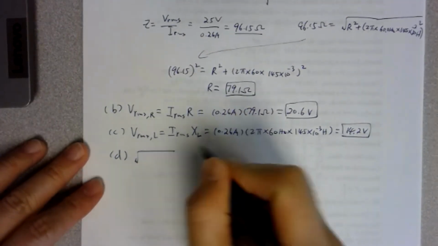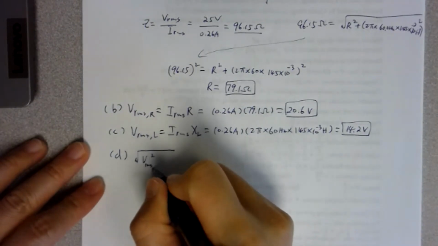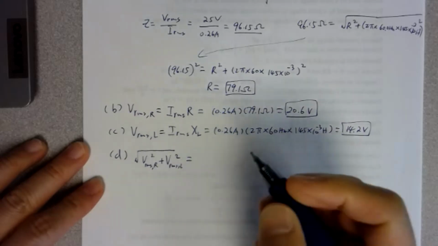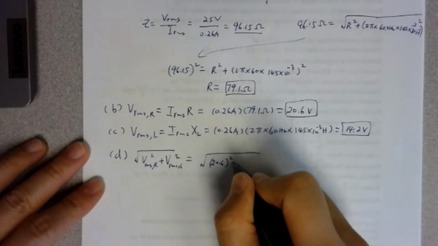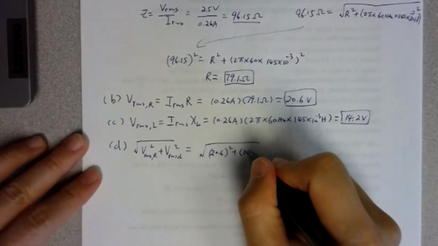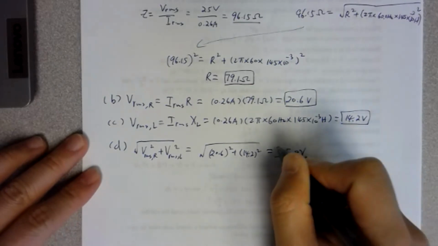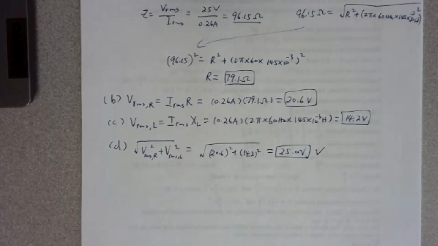In this case, these two are perpendicular to each other, so the squares add up. So that's 20.6 squared plus 14.2 squared. It turns out to be 25 volts, which is in agreement with the overall RMS voltage.